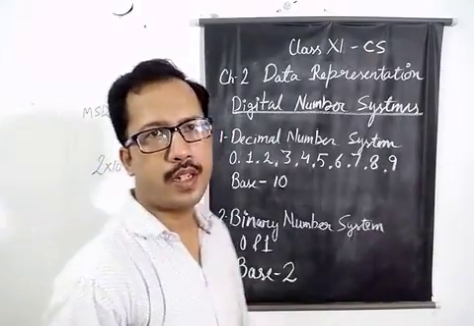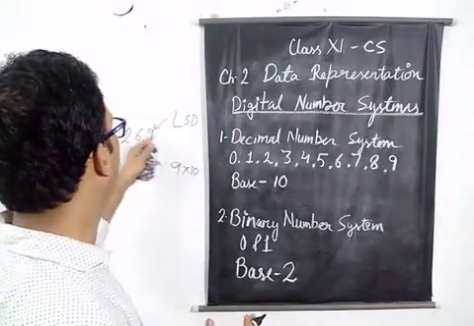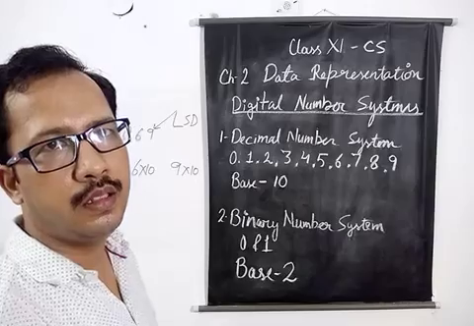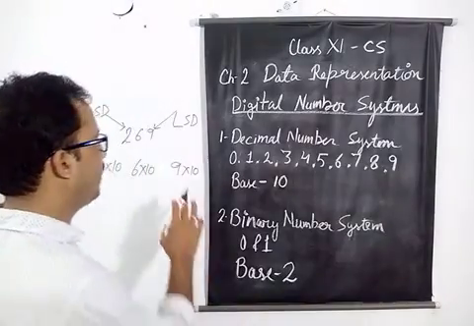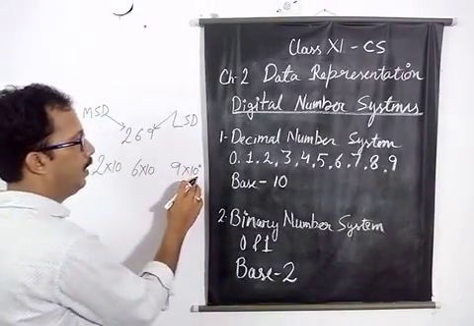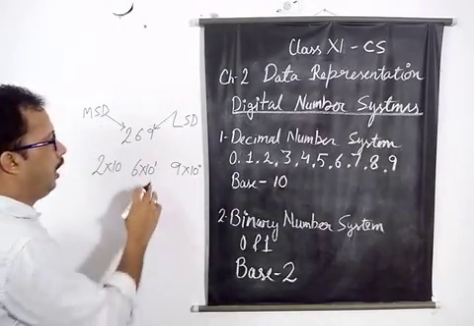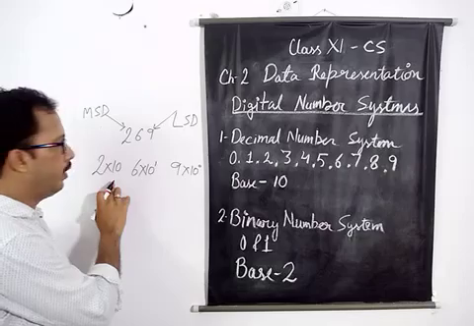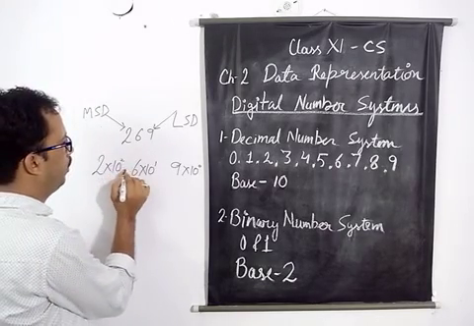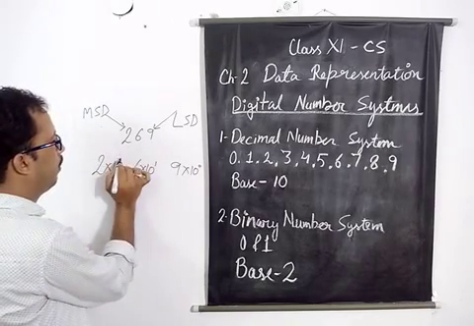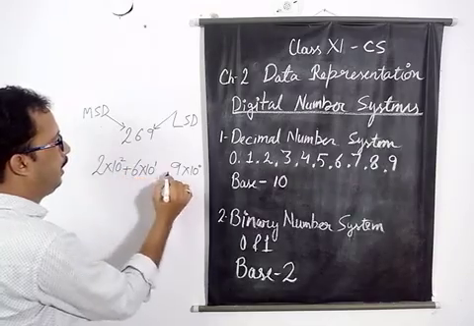From LSD to MSD, we assign the powers to the base. The base is 10, the power is 0. We increase the power by 1, now the power is 1. Again increase the power by 1, so the power is 2, and the addition.